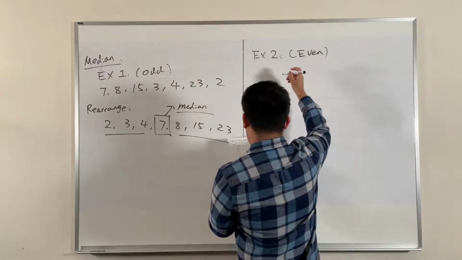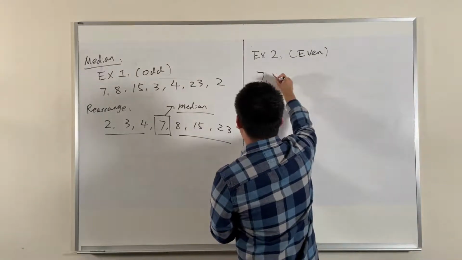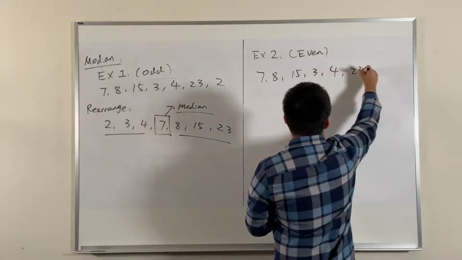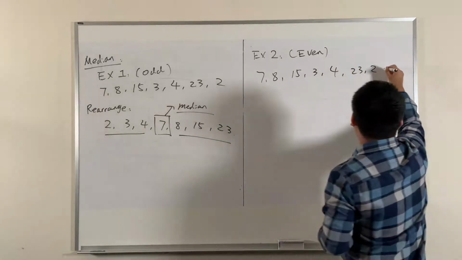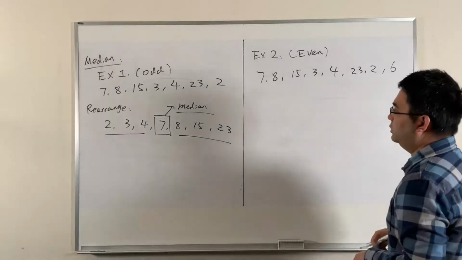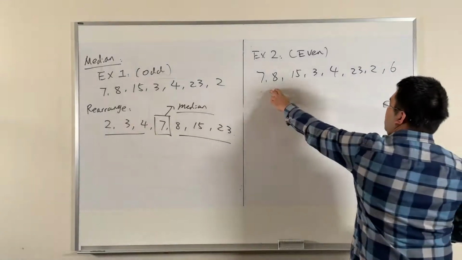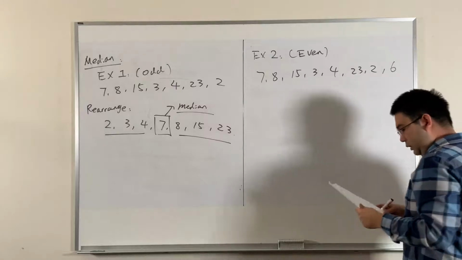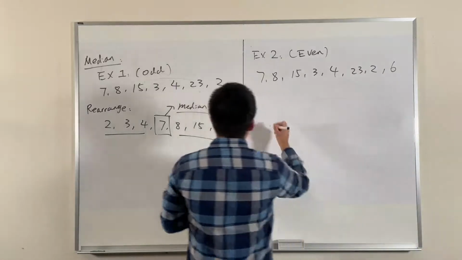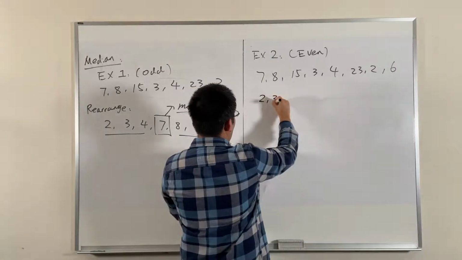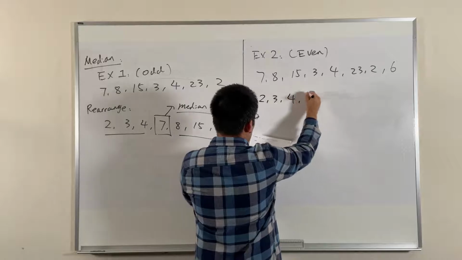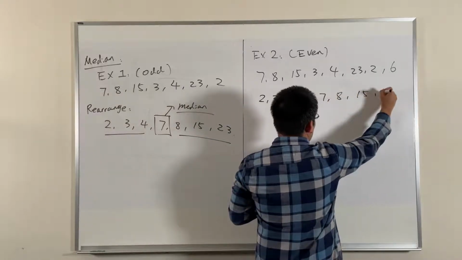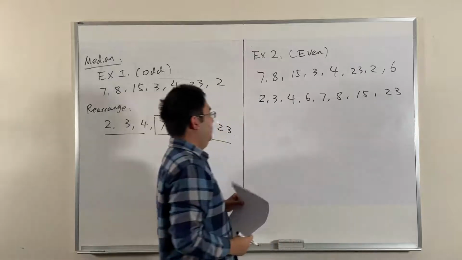This one is the same, 7, 8, 15, 3, 4, 23, and 2, and then just add a 6 to it. So now I have 8 data points in the sample. Again, we're going to rearrange them: 2, 3, 4, 6, 7, 8, 15, and 23.